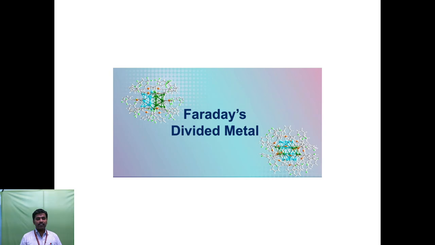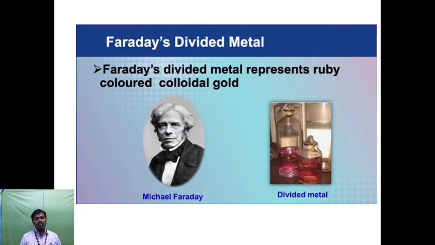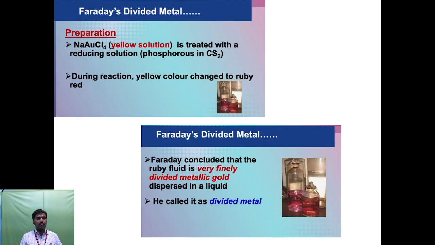Next, Faraday's divided metal. Faraday's divided metal represents the ruby-colored colloidal gold. It is prepared from sodium chloroaurate. It is treated with a reducing solution in the presence of phosphorus in carbon disulfide solution.